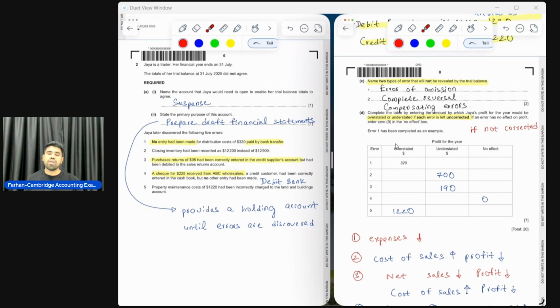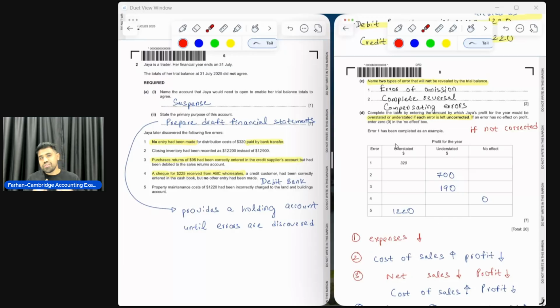So let me give you an example. Let's say we paid $500 for rent, which is an expense, right? So we would have to debit the rent account and credit the bank account. But our bookkeeper debited another expense account, which is the wages account, all right? And credited the bank account.